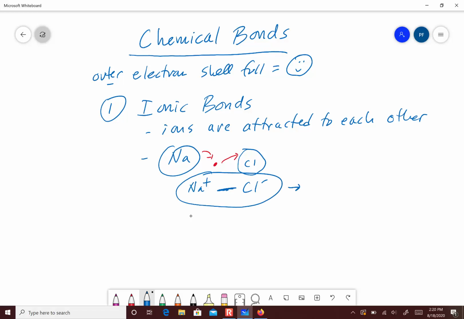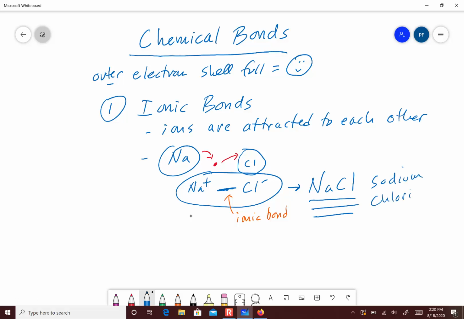Right? And that attraction, what's holding them together, so in this case, this line that I've drawn here is an ionic bond. Okay? And it creates a chemical compound. This is sodium chloride. We know this, right?